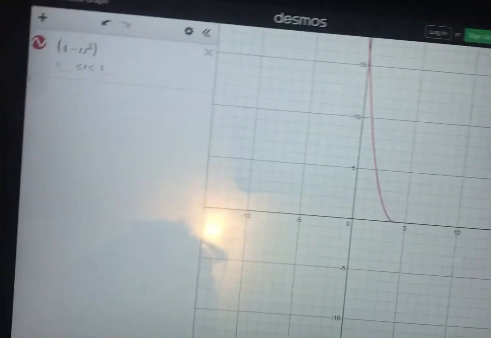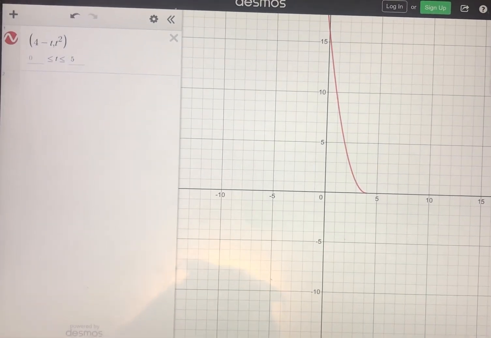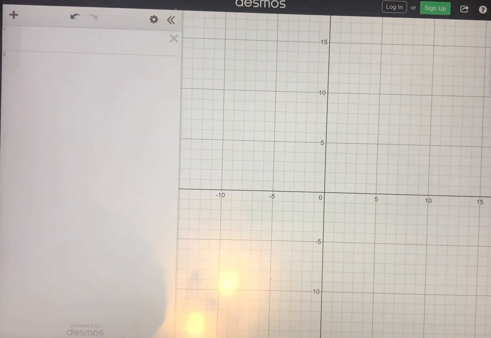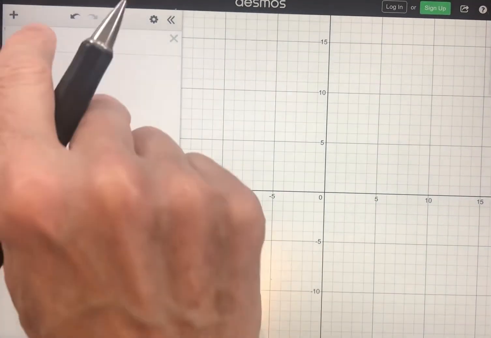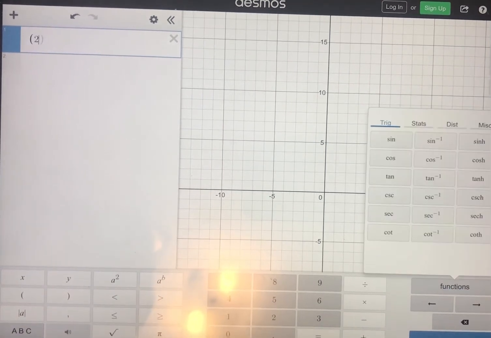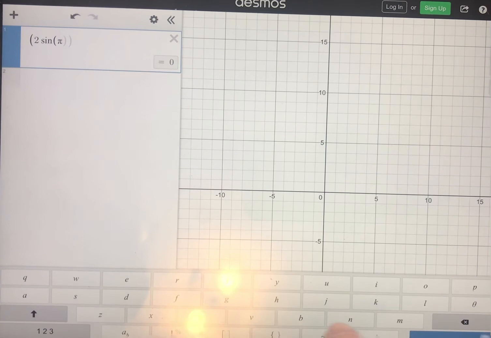Lissajous figures are kind of neat to see. They're very curvy, and they can make unique shapes. We're just doing one example here. Okay, so I'll delete the one we did previously. So now, what's our point? Well, we put a point in with a parenthesis. The x-coordinate is 2 times the sine of pi times t.